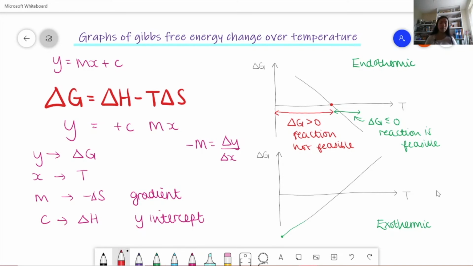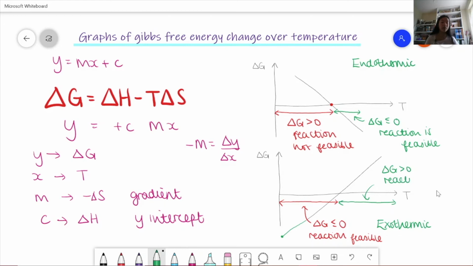From this point to this point, delta G is smaller than or equal to 0, so the reaction will be feasible. From this point to this point, delta G is bigger than 0, and so the reaction is not feasible.